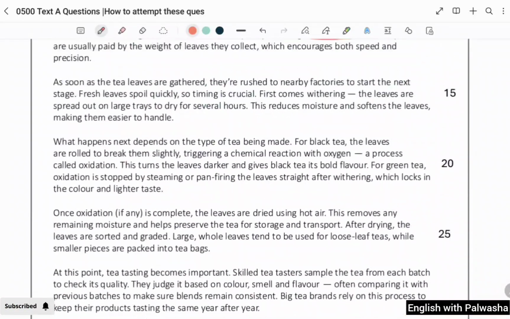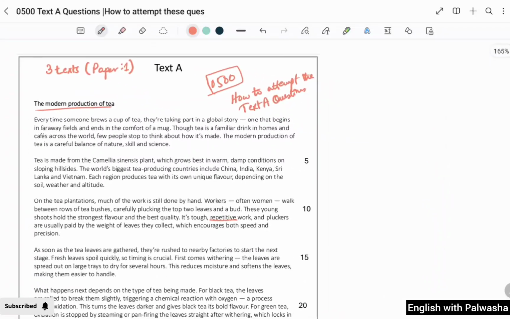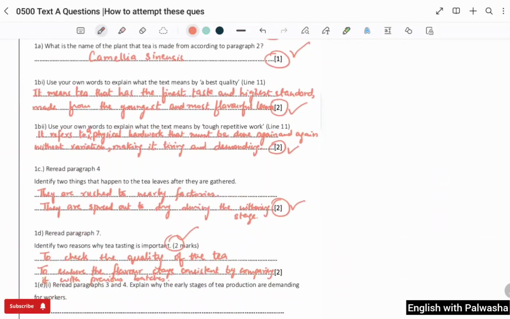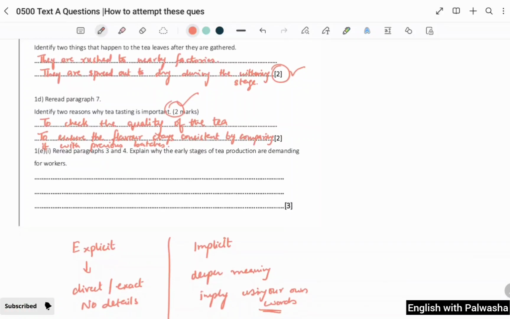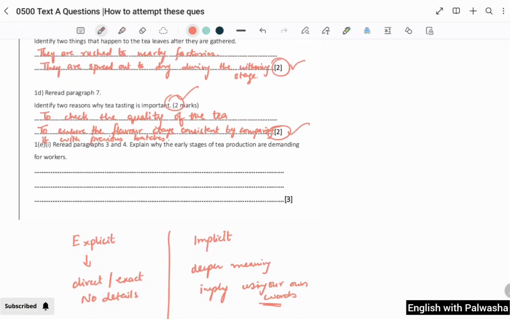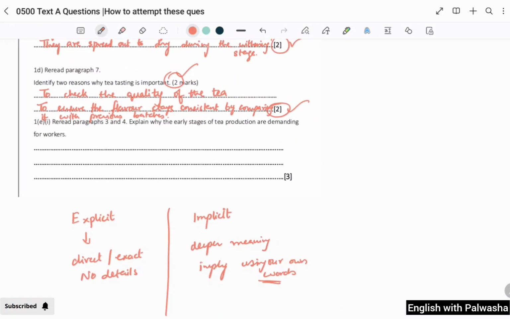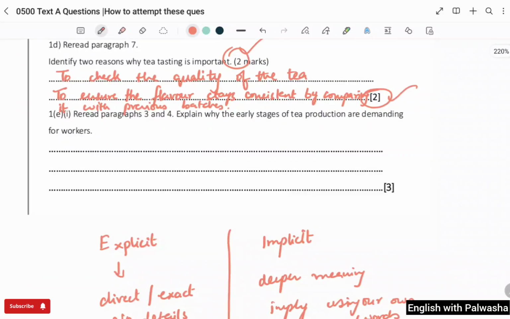Okay, so moving on towards the next thing. All right, this is done. And that is the last question of this text A, which we have to do. And this is closer to a writer's effect question, but then again we have to reread paragraph number 3 and 4 and explain why the early stages of tea production are demanding for workers.